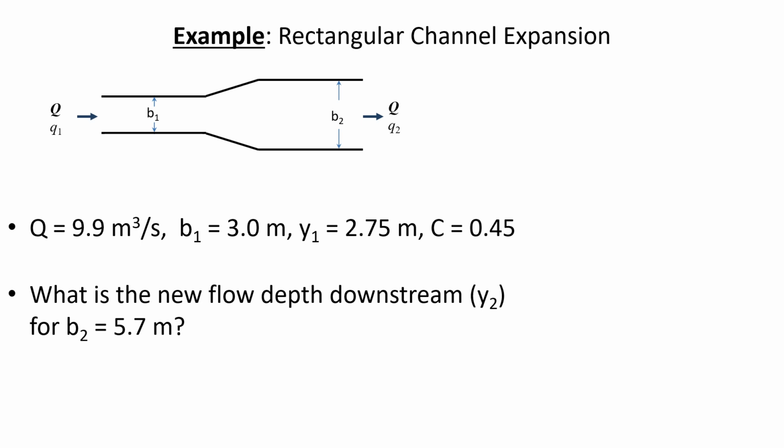Okay. And then find E1, the specific energy at 1, and you're going to substitute it into, well, actually, use y1 plus q1 squared divided by 2g y1 squared is equal to y2 plus q2 squared divided by 2g y2 squared plus c times q2 squared divided by 2g y2 squared.